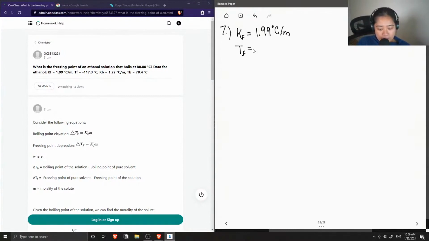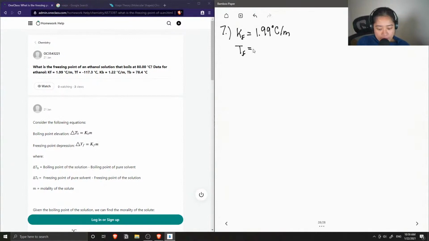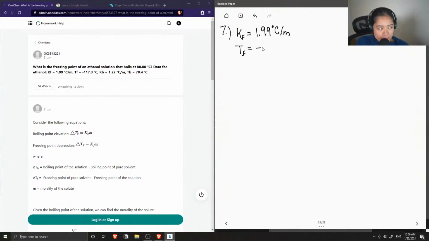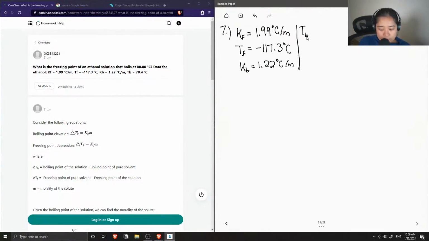We also know the freezing point of the pure solution, Kb, and the boiling point of the pure solvent.